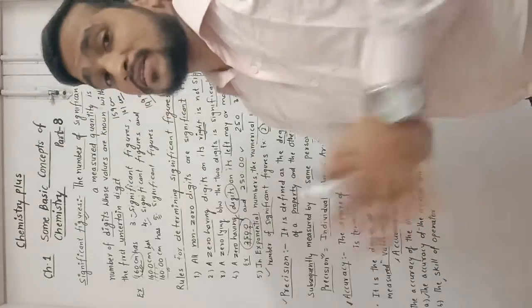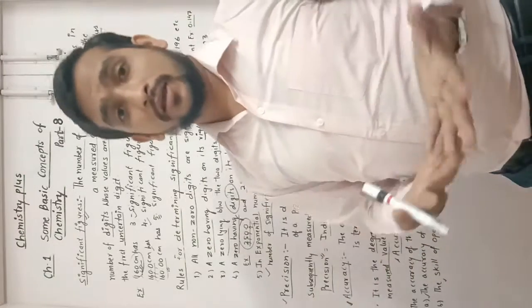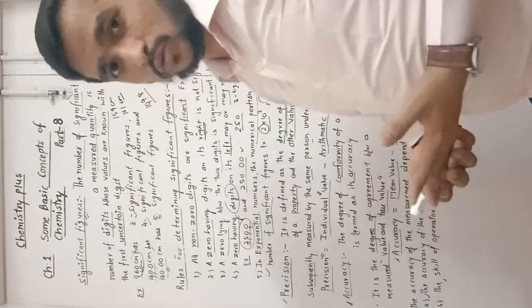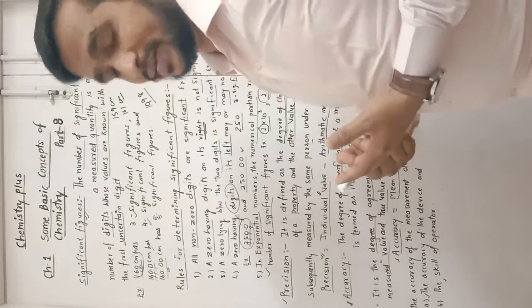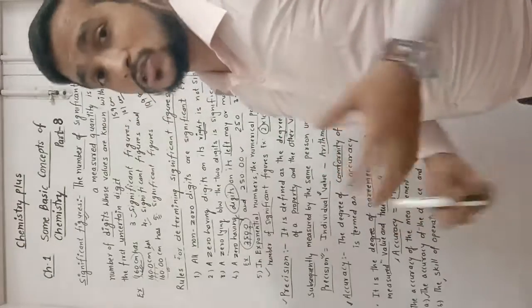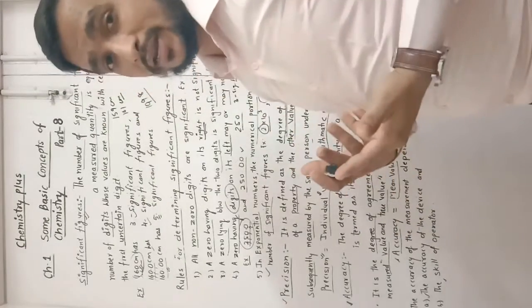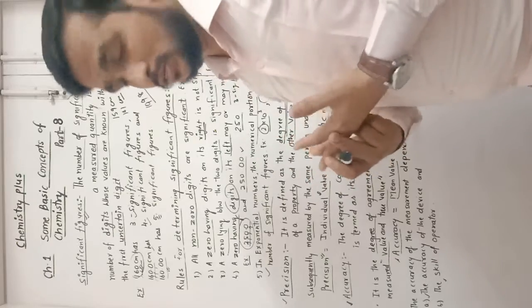The accuracy of the device means how accurately the device can measure the physical quantity. These are the two factors on which a physical quantity can be accurately measured.